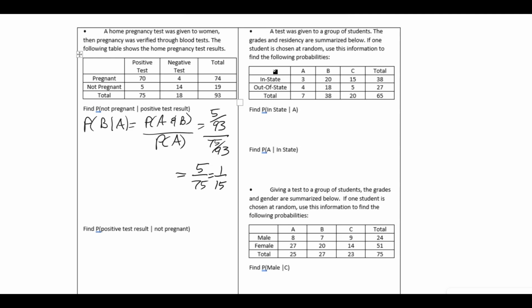Okay. Now what's really going on here, and I think a better approach, is the fact that we're given that we got a positive test result. Basically what that does is it decreases our total space to only the ones that got a positive test result.